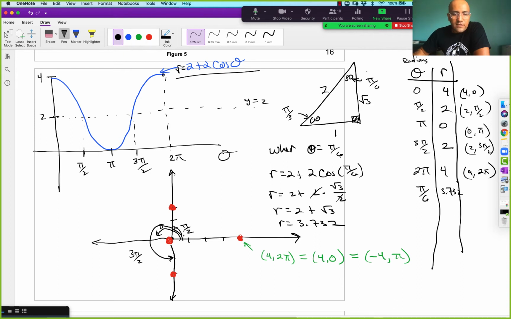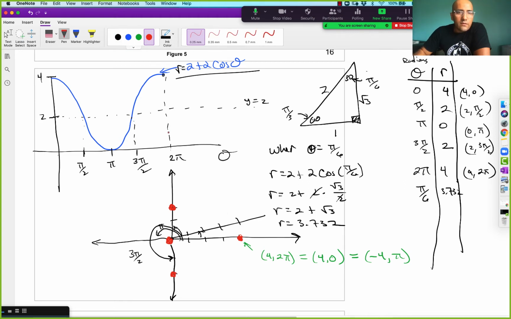pi over 6, I'll erase some of this, so hopefully it doesn't get too crazy. Okay, that's enough. So if I create a ray that goes maybe like right around there, that's going to be pi over 6. And then if I travel a little less than 4 units, 1, 2, 3, there's 4 units.